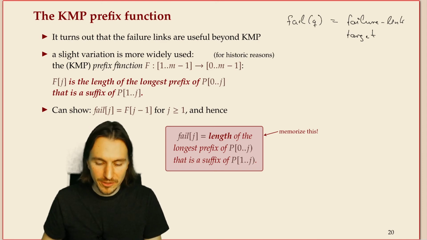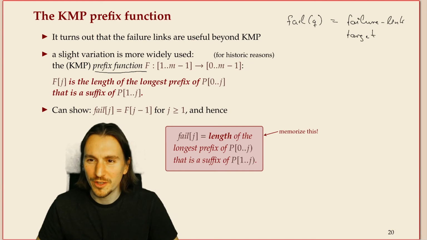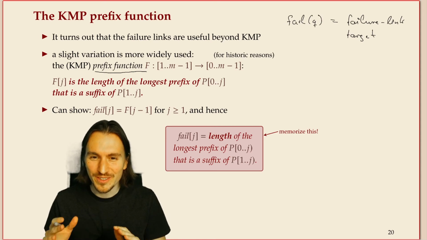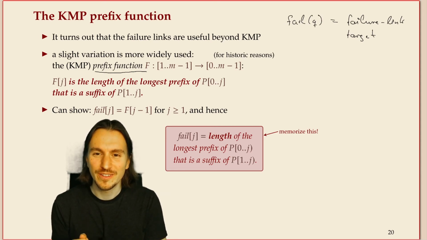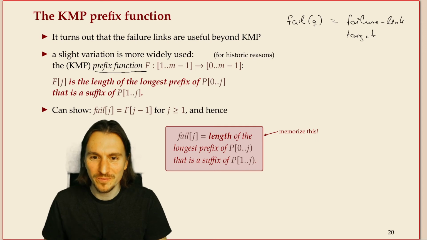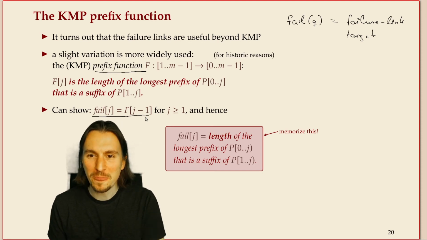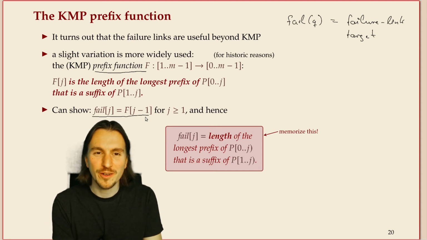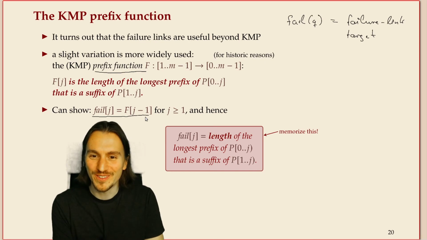In the literature, there's a thing called the prefix function, often denoted by capital F. That's why I didn't use F for our failure function, which is very slightly different, but it's almost the same as you can see here, essentially just a shift in the argument. And this prefix function has found uses in many other problems in stringology.